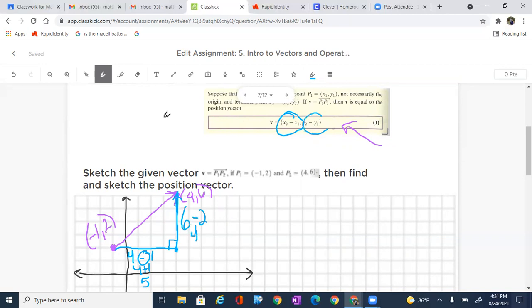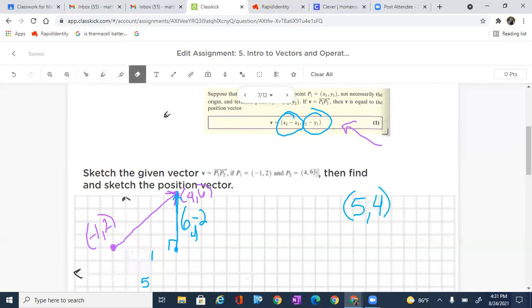And notice this, we have these statements x2 minus x1 and y2 minus y1. Now the position vector is going to be based off of the idea that the horizontal distance for this triangle is 5 and the vertical is 4. And so I'm going to go ahead and erase this piece that's in blue, okay?